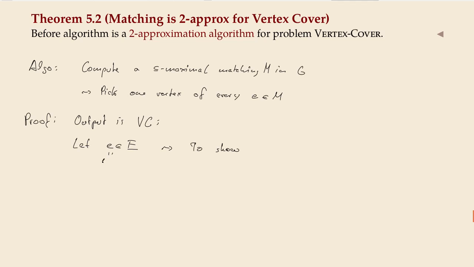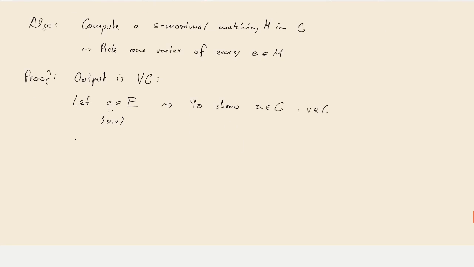So if this is the edge UV, then we either return U or V in our vertex cover. Well, towards a contradiction, assume not. So both U and V are not in C. By the definition of our algorithm, that means that also the edge E is not in our matching, in the inclusion maximal matching.